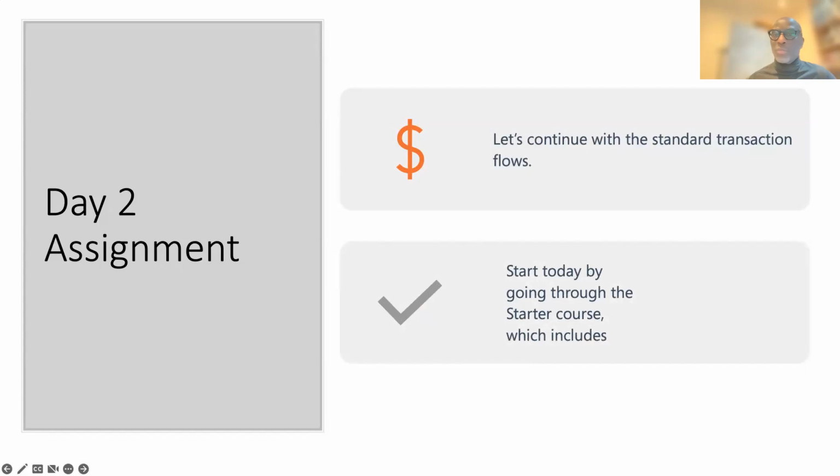So you're going to go through the receivables, general ledger, and also some reporting. You'll be able to see how to enter the data, how to process that data, and also how to report on that data over the next day or so.